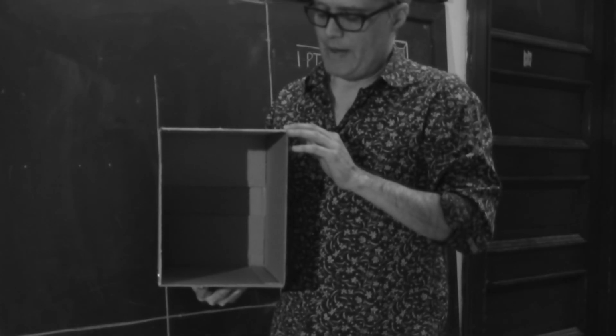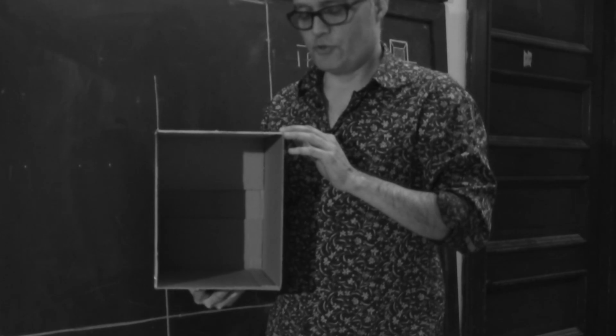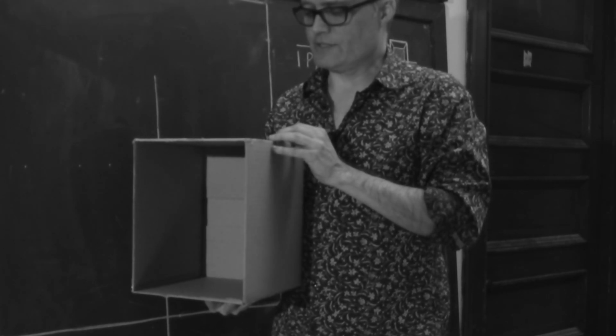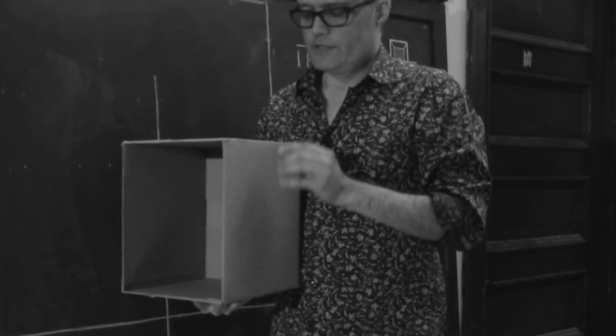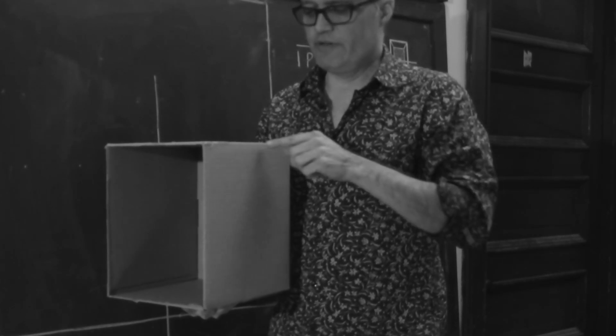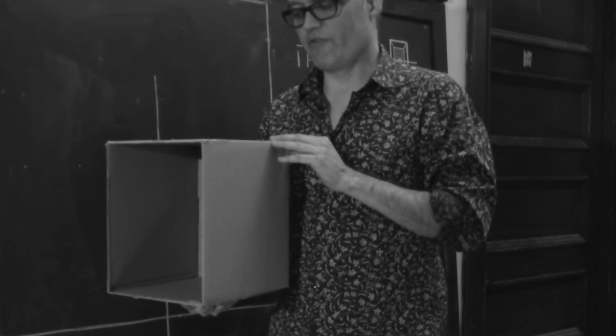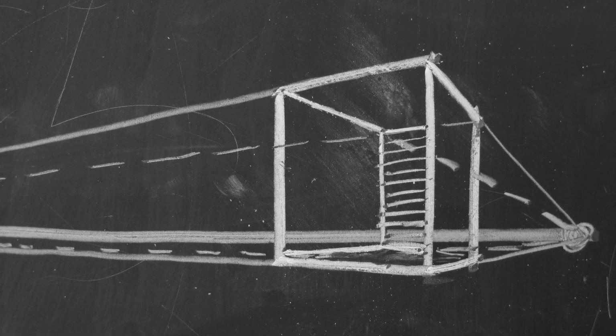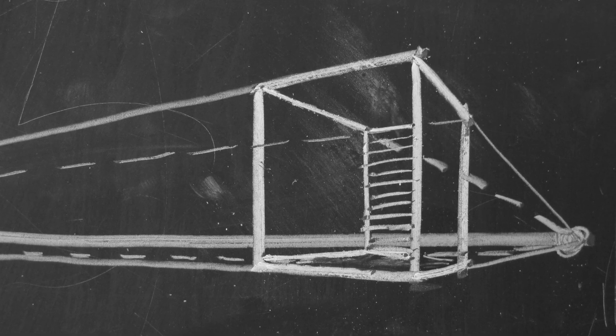Now let's imagine that this box is on a turntable, and I rotate the turntable like this. So the edges that previously were pointing to one vanishing point in the shape of the box are now still pointing to a vanishing point.